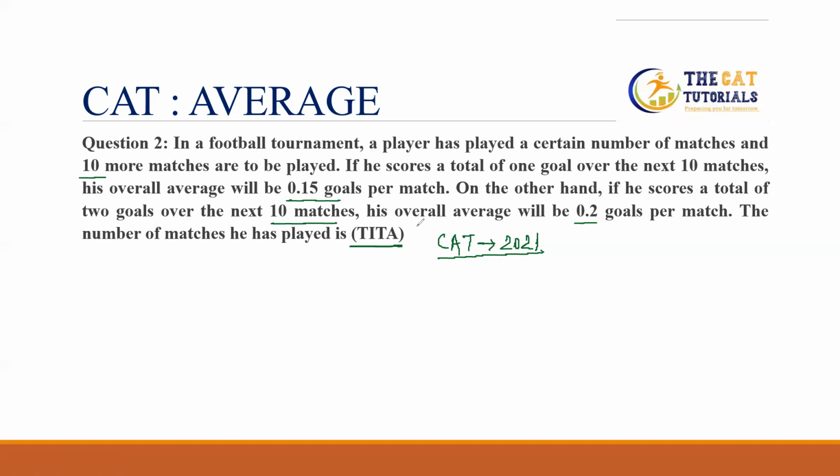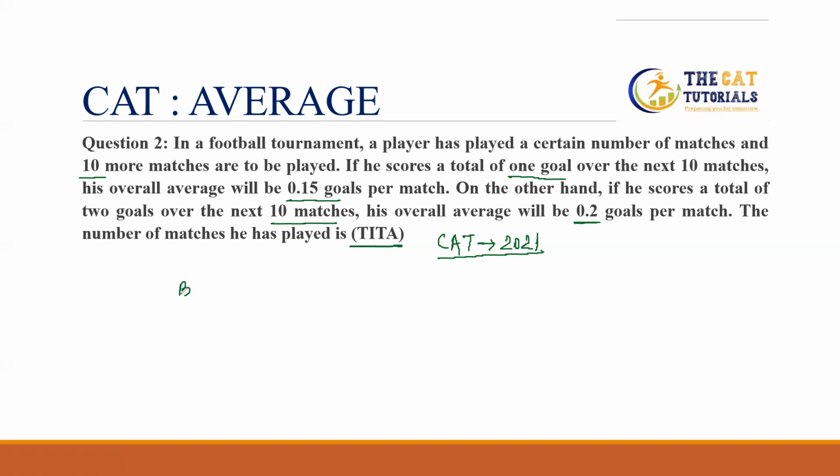So how can we apply the logic? If he scores 1 goal, then the average will be 0.15 goals. On the other hand, if he scores 2 goals over the next 10 matches, his average will be 0.2 goals. So what is the meaning of this?